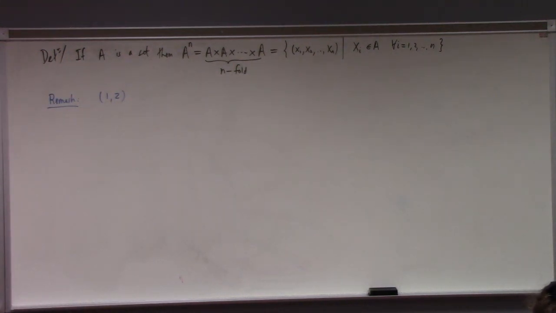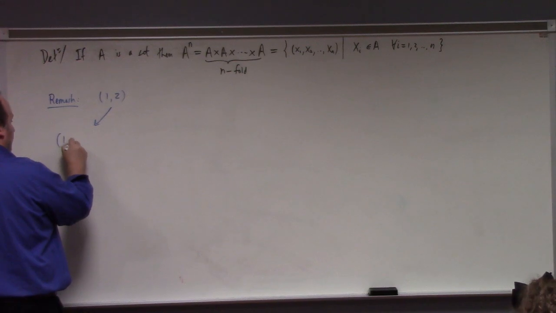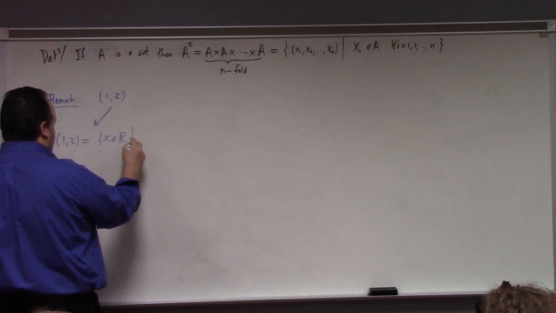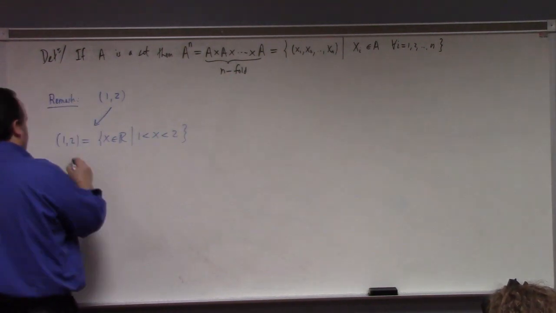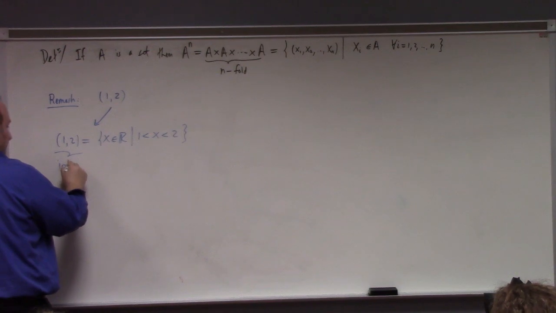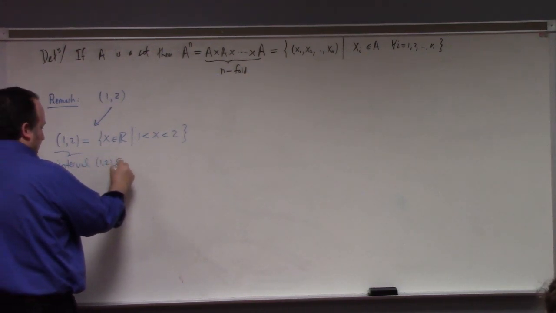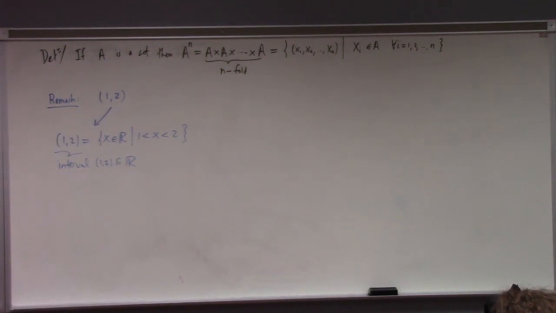There are two very different uses of this notation, right? The one is that (1, 2) is equal to {x in the reals such that 1 < x < 2}. This is the interval (1, 2), which is a subset of R. It's a set containing infinitely many points that range on the number line, if you like, between 1 and 2 non-inclusive.